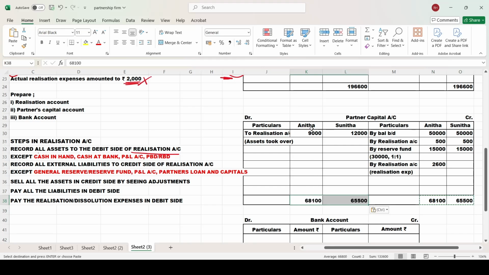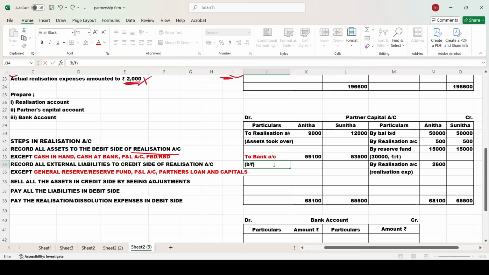From this total we'll minus this 9,000 and write the amount here, that is 59,100. Here if we minus 12,000, it is 53,500. We'll write it as to bank account. The bracket, if we want, we'll mention it as B bar F. B bar F stands for balancing figure.